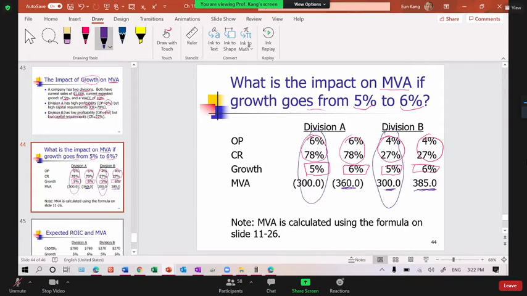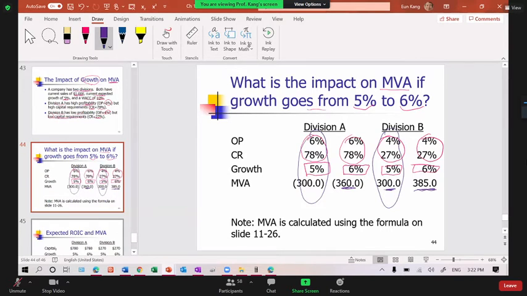It makes your MVA even more negative. So growth is not good. So the point here is that before you grow, you have to make sure that your profitability is more than your cost, right? That's extremely important. But if you just say that our MVA is negative, so let's grow more, that's wrong. That's wrong. Okay, the very, very important lesson.